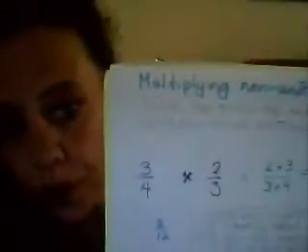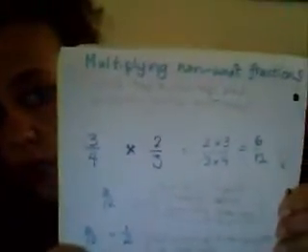You are more likely to multiply with fractions that have numerators other than 1. So multiplying with non-unit fractions, we're going to stick with 3 quarters because we used it the last time, but we're going to multiply it by a non-unit fraction, and in this case it's going to be 2/3. So we've got 3 quarters times 2/3.